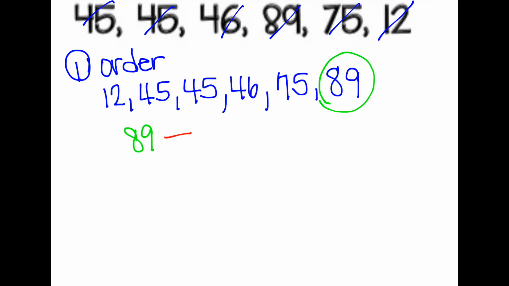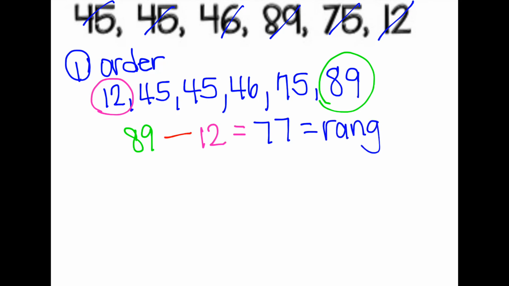I'm subtracting because I'm finding the difference. I find the smallest or the least value, which will be our first one, which is 12. And that is going to give me a value of 77, which is going to equal my range.